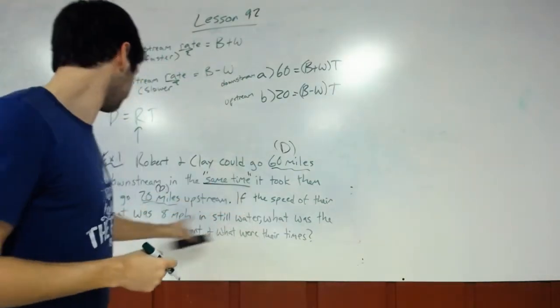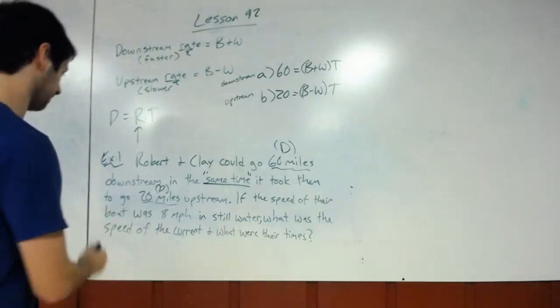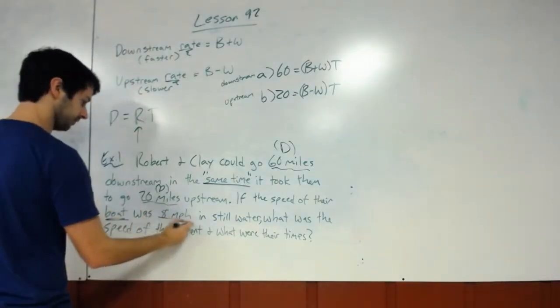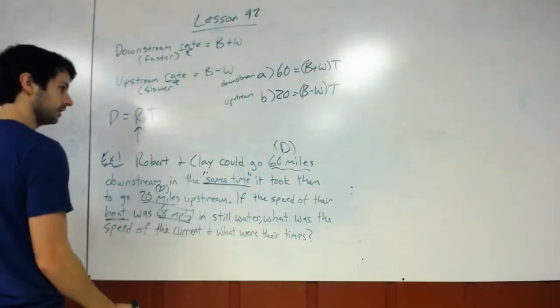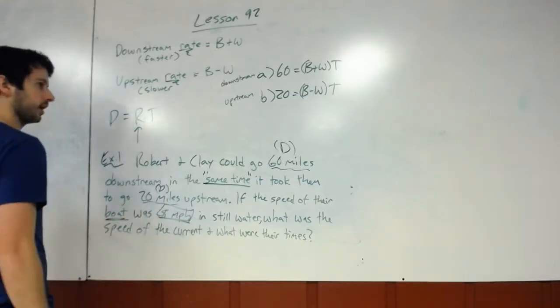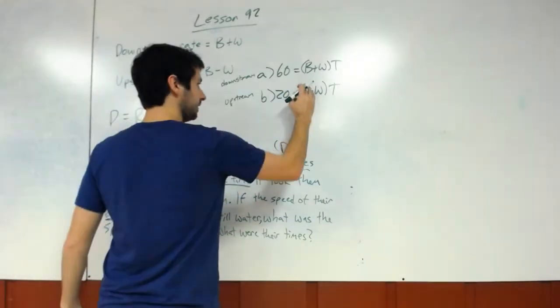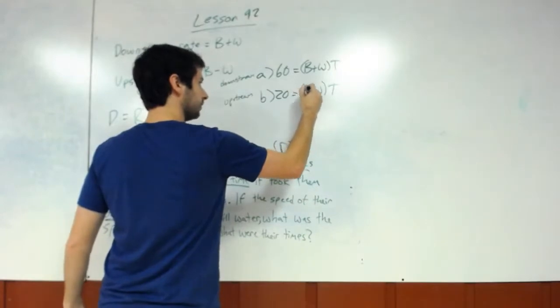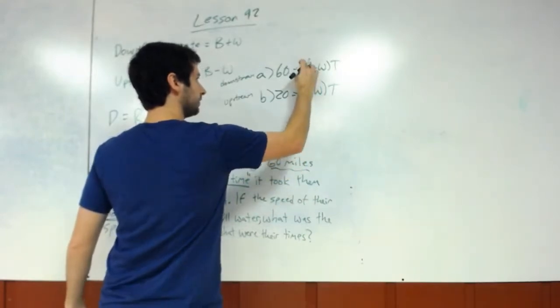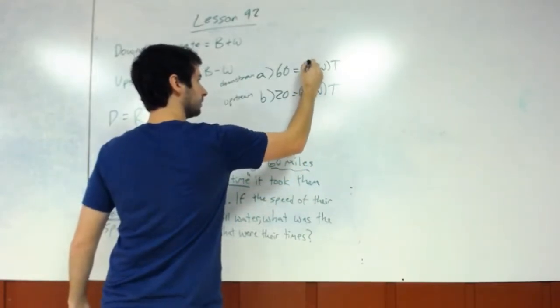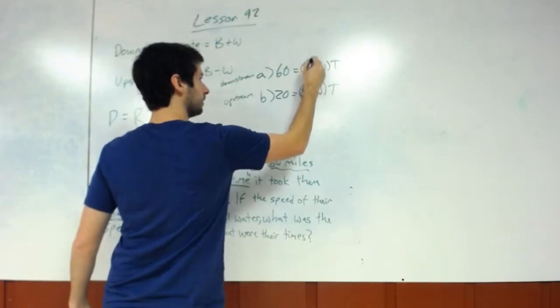Now let's continue reading. If the speed of their boat was 8 miles per hour, all right, so boat was 8 miles per hour. So we're going to plug in 8 for wherever a B is. So this B, we're going to turn to an 8. All right.